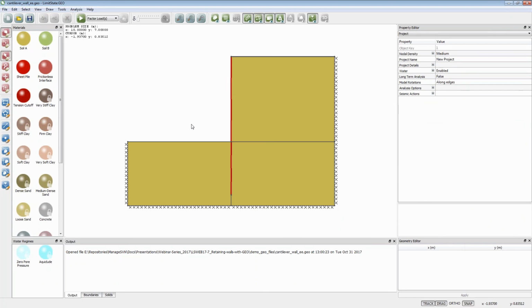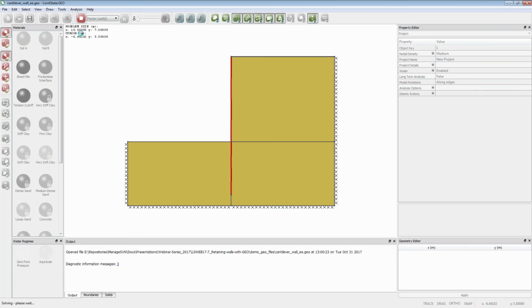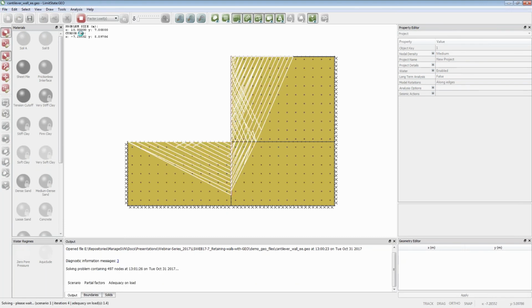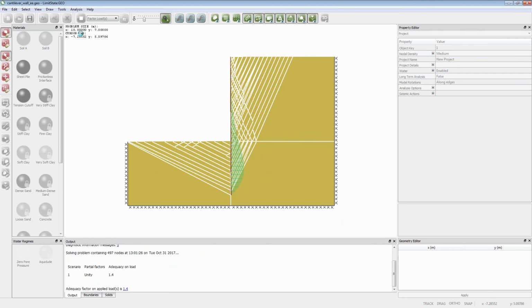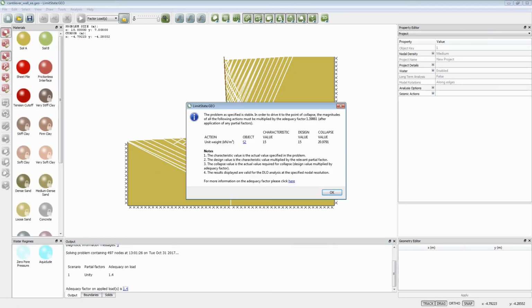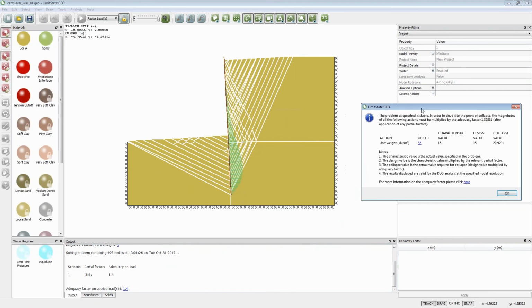Again, I can just solve this problem as a factor load problem. And what we get here is an adequacy factor of 1.4, so it's basically telling me that in order to get this thing to collapse, I have to multiply the weight of this block of soil behind the wall by 1.4, so it's got to go from 15 to 20, and then the system will collapse.